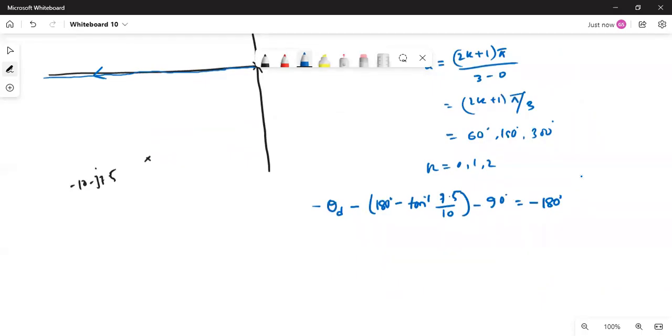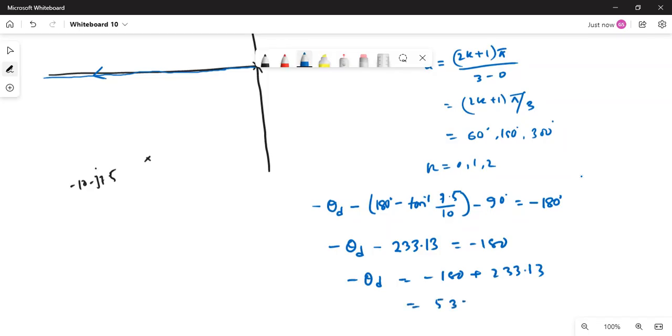That will give us minus theta d equal to minus 233.13 equal to minus 180. So minus theta d equal to minus 180 plus 233.13, around 53.13.